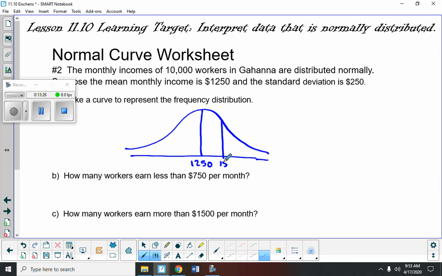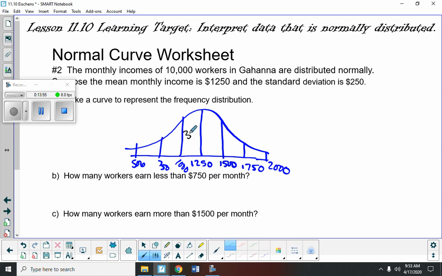So this would be 1,500, 1,750, and 2,000. And then 1,000, 750, and 500.